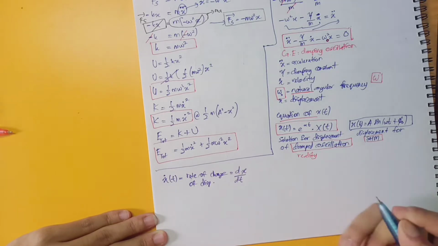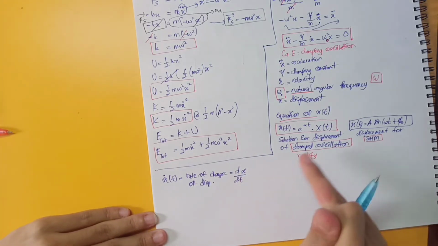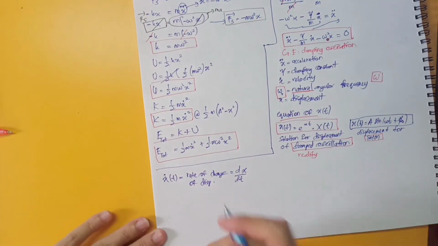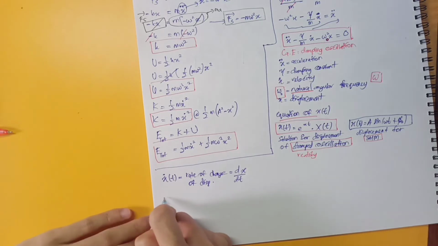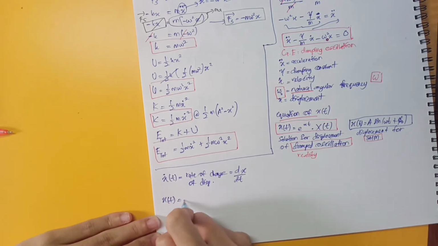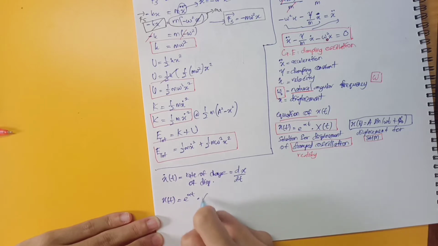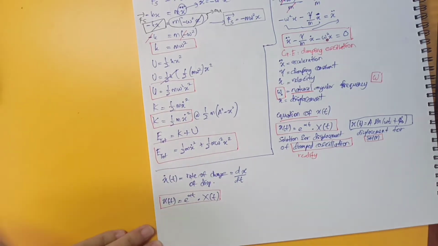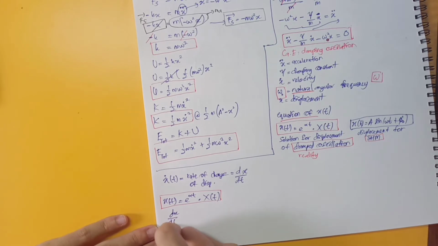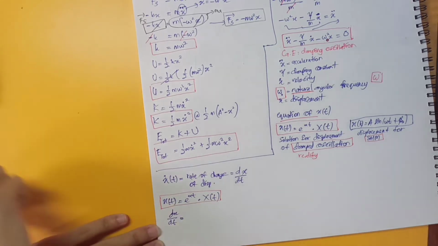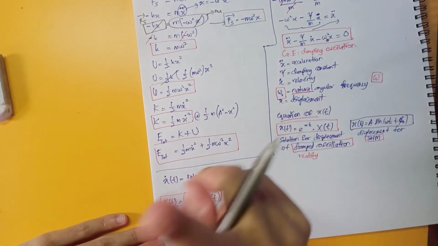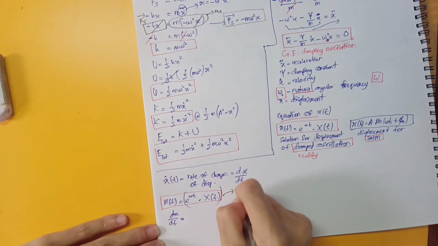So we have to differentiate this equation with respect to time. We have x equal to e to the power of alpha t times capital X(t). Now we want to differentiate it with respect to time, so dx over dt is equal to, now we have a multiplication right here, so we have to use the product rule.